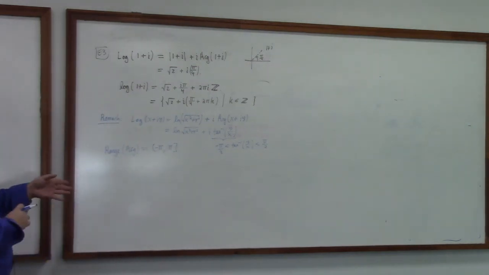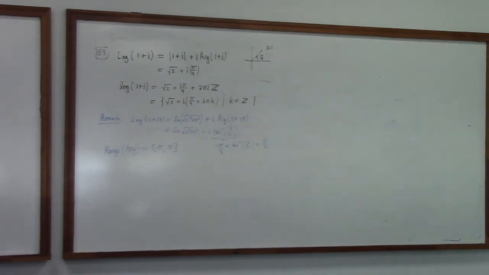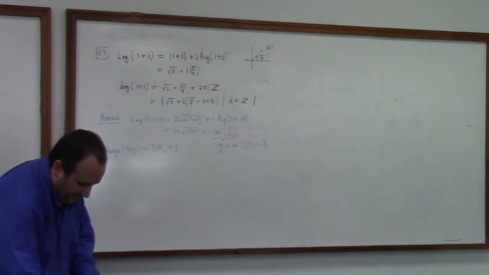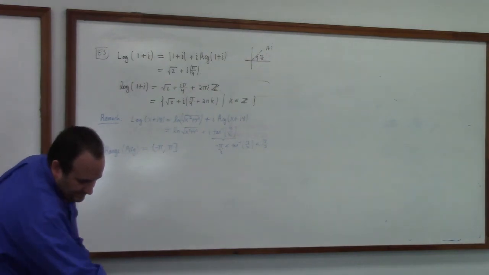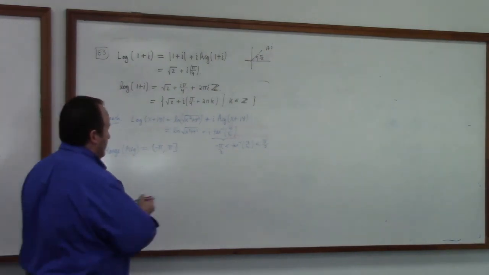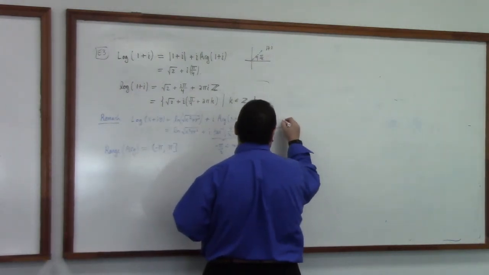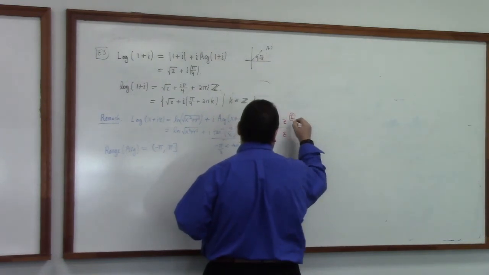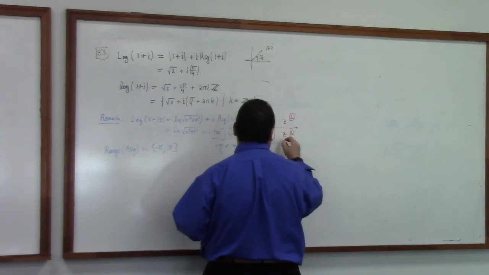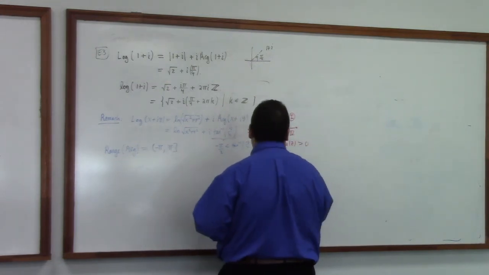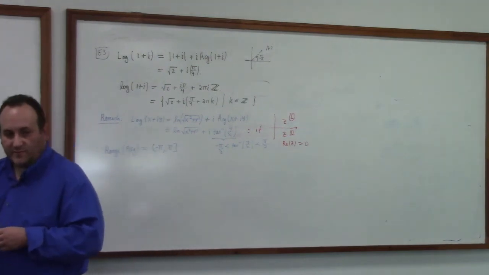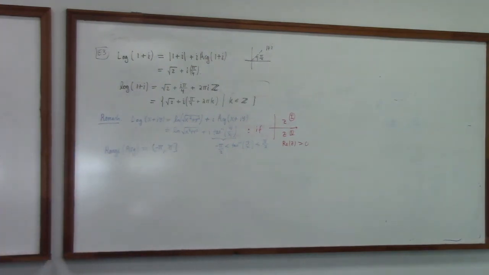So in that context, if you have z here or z here, in quadrants 1 or 4, in other words, if the real part of z is greater than 0, then yes, the formula for the principal logarithm can be given by the natural log of the square root of x squared plus y squared plus i times inverse tangent of y over x.